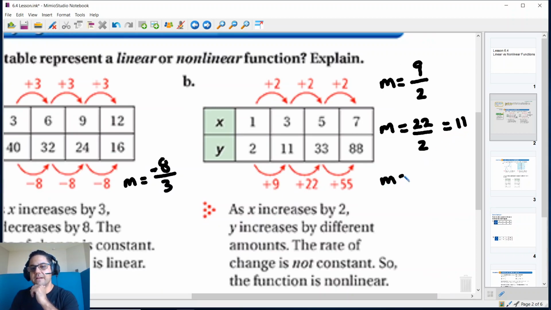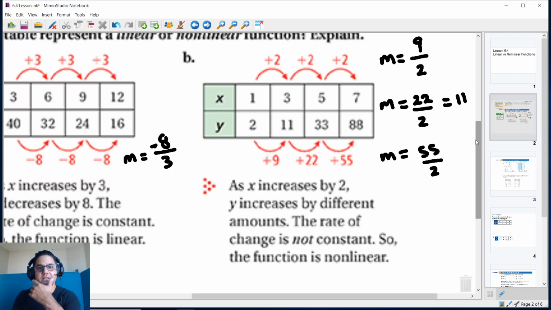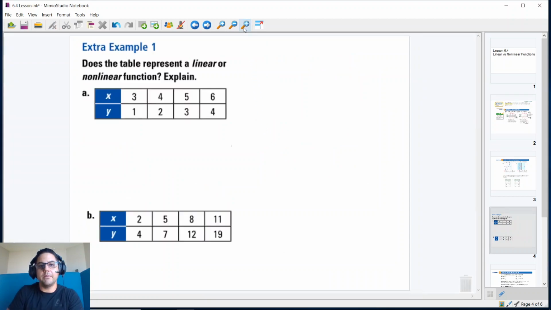But we'd also have 55 over 2. Looking at all 3 different slopes, that is not going to give me a constant idea. The rate of change is not constant, so therefore it's nonlinear. Doing that will help you determine if it is constant or not constant, linear or not linear. So let's jump to these quick problems.